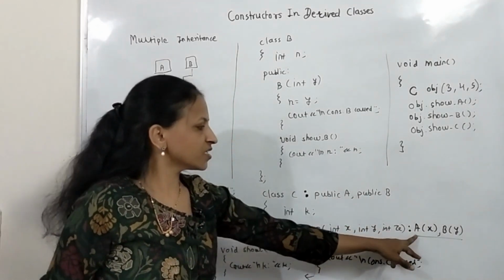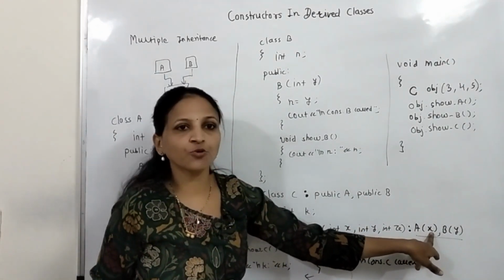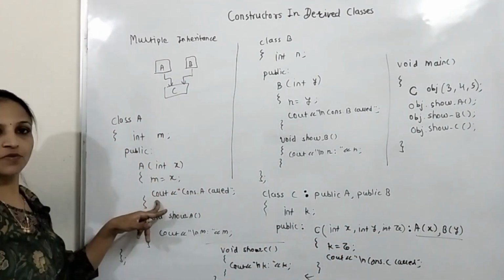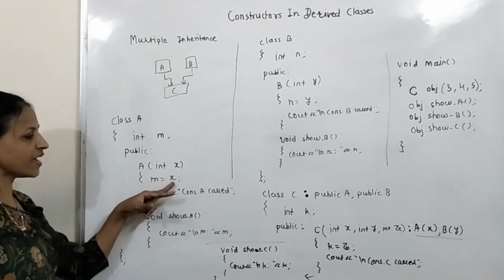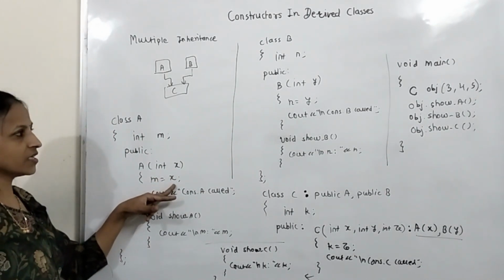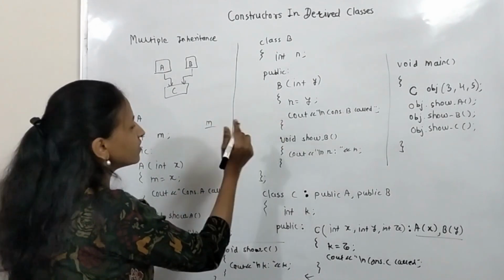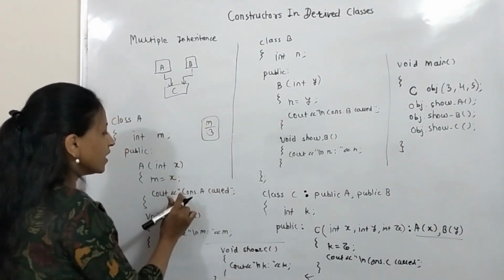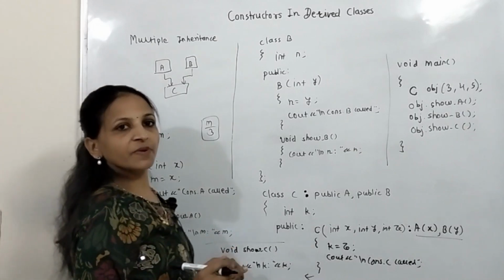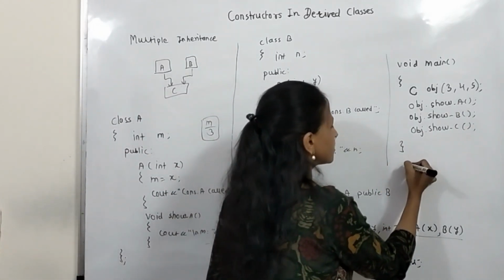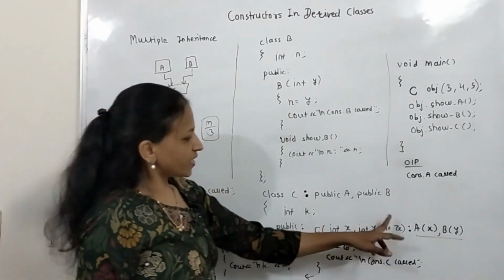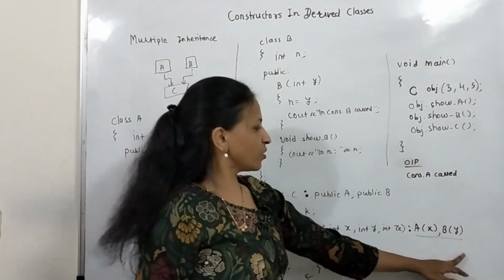Now the A class constructor will be called, and for that X argument we are passing. See, this constructor will be called, and to M the X value will be assigned. Now X value means 3 will be assigned here, and the message "constructor A called" you will get onto the output screen. Next, automatically B's constructor will be called.